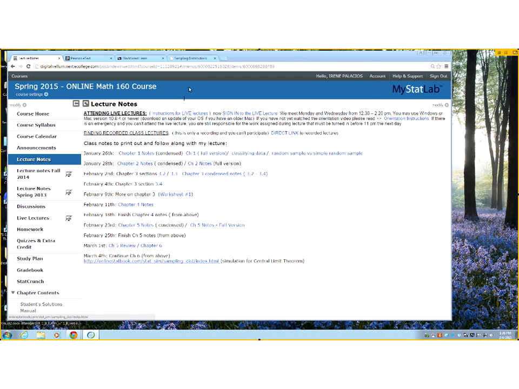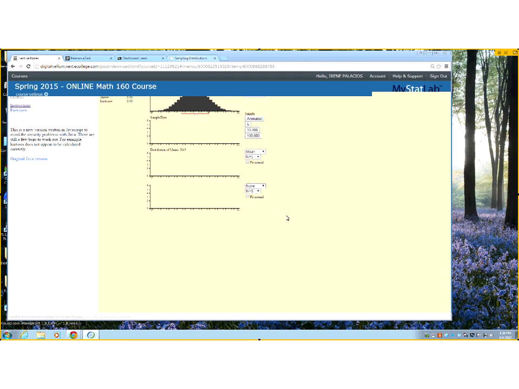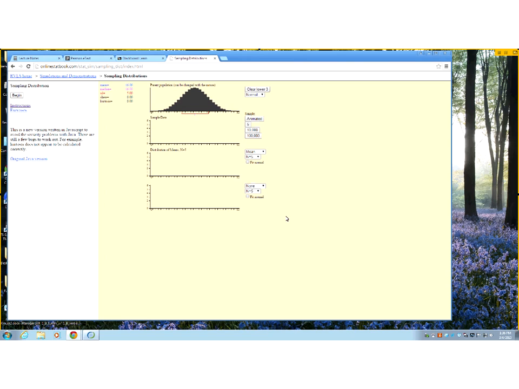When you click on that, this is what you'll see. What this shows us is the population has a normal distribution. If your population is normally distributed, that's one scenario, but you can make your population have any distribution.